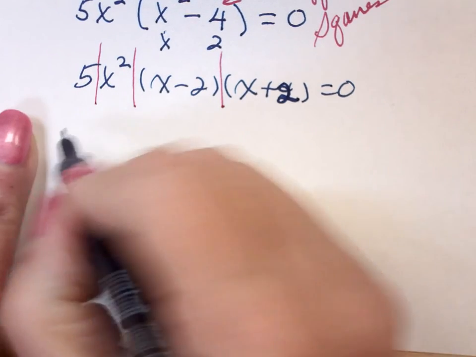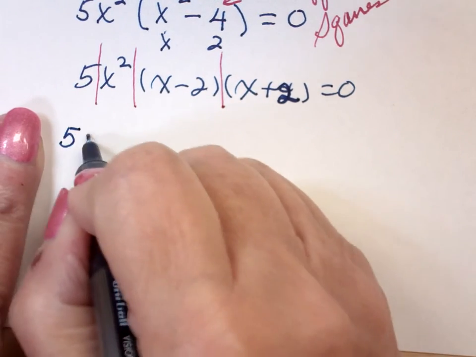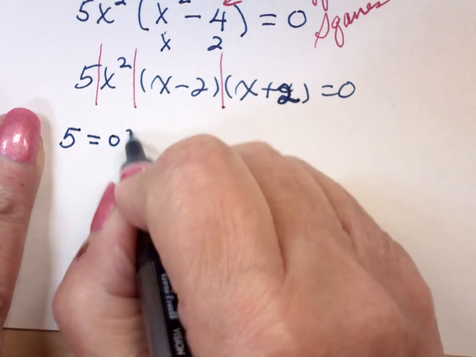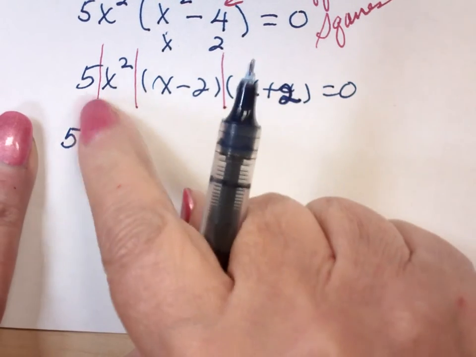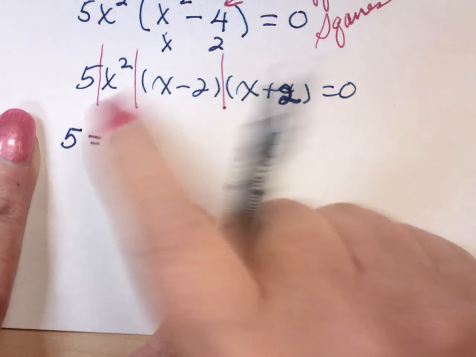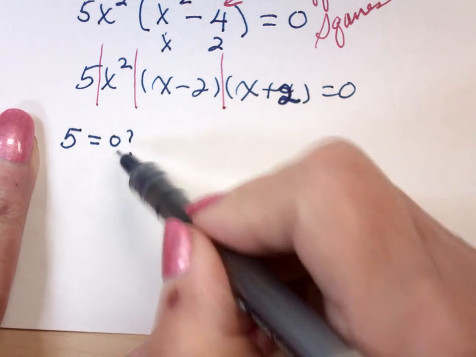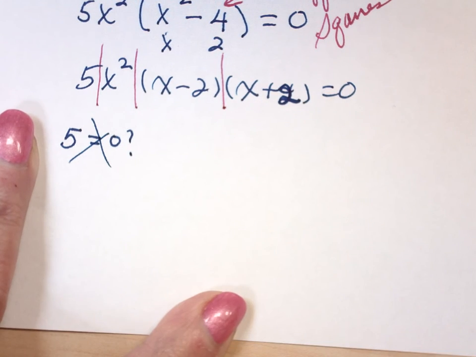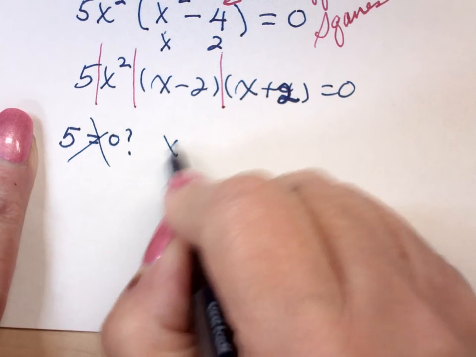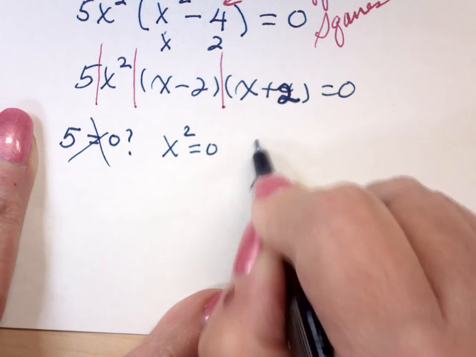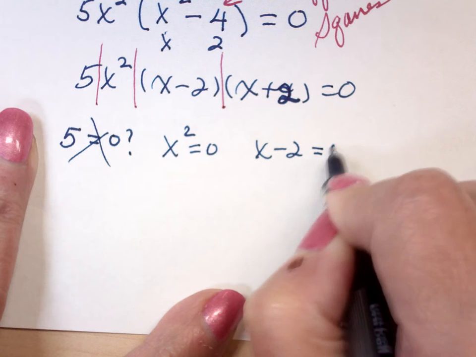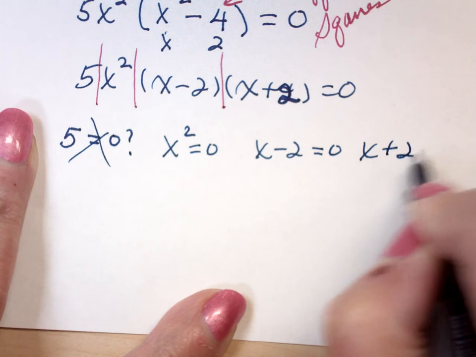So the question is, is 5 ever equal to 0? No. So that constant has no meaning at all, because it's never 0. X squared equals 0, x minus 2 equals 0, x plus 2 equals 0.